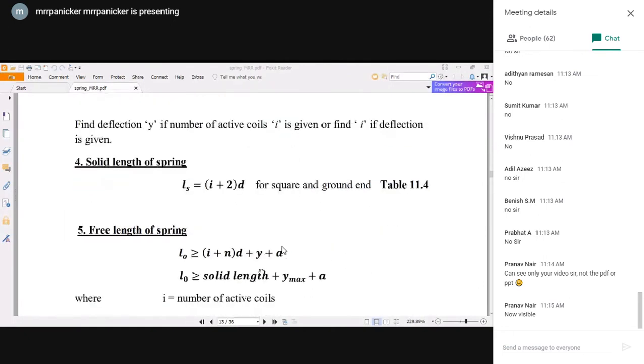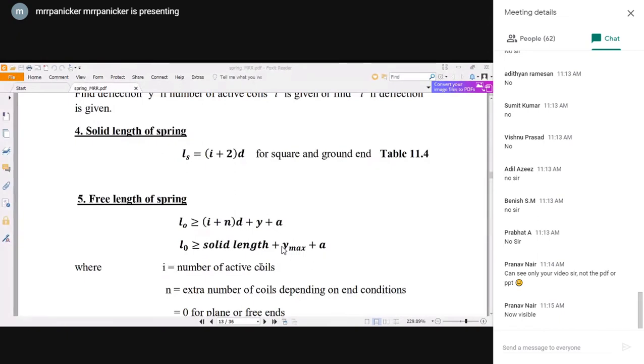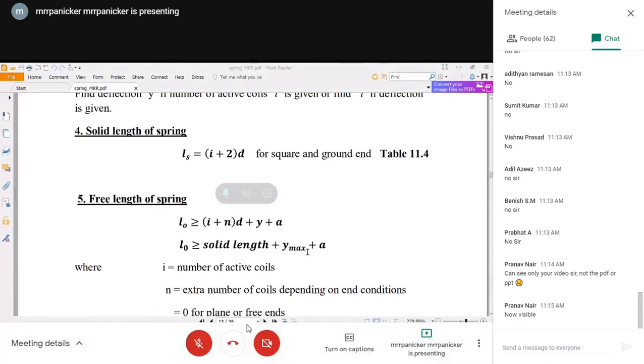And the free length, that is when no force is acting on it, is the length of the spring. It is related to the solid length plus the maximum deflection plus the clash allowance.